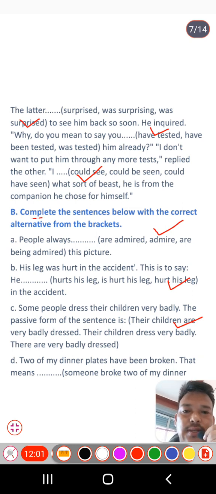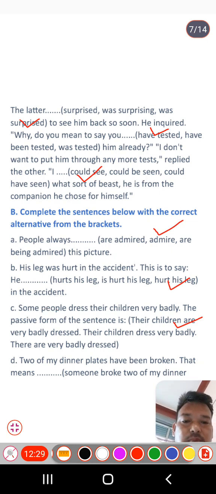So move to the next, that is B. Complete the sentences below with the correct alternatives from the bracket. Number 1, people always admire this picture. His leg was hurt in the accident, that is to say, he hurt his leg in the accident.